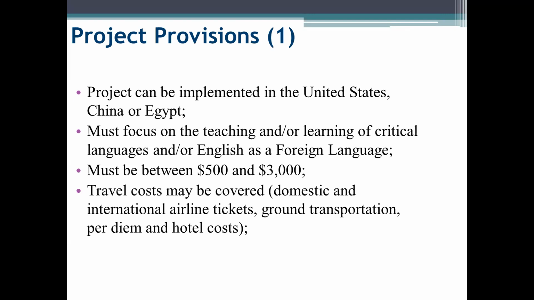It must be between $500 and $3,000, and travel costs may be covered, such as domestic and international airline tickets, ground transportation, per diem, and hotel costs. But these aren't guaranteed, depending on how high the cost is and what percentage of the overall grant these tickets are. The sky is the limit for creative ideas, but there are a few basic parameters that we will also go over on the next slides as well.